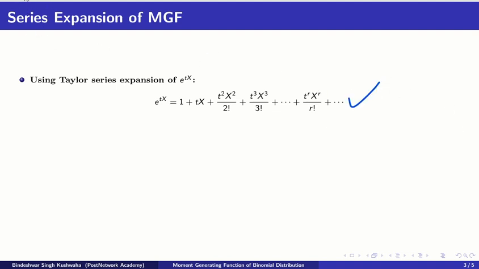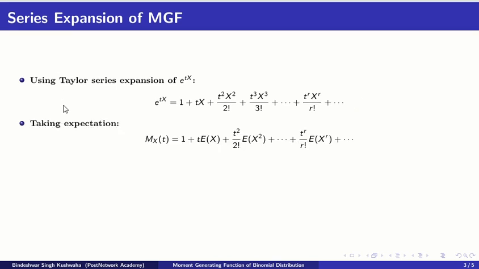If you take the expectation, you will get the moment generating function in terms of E[X], E[X square], up to E[X raised r].